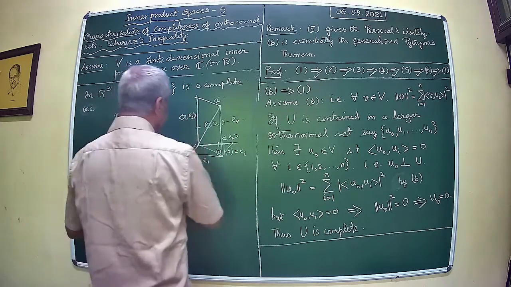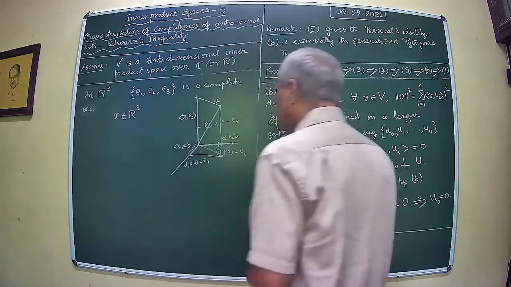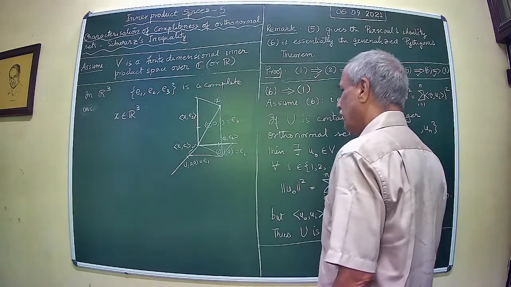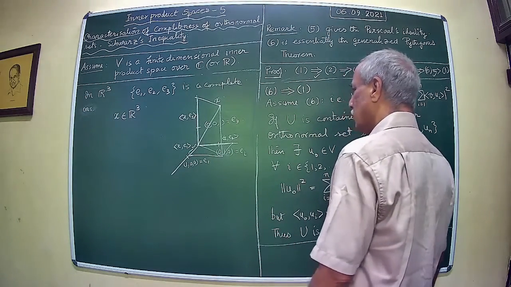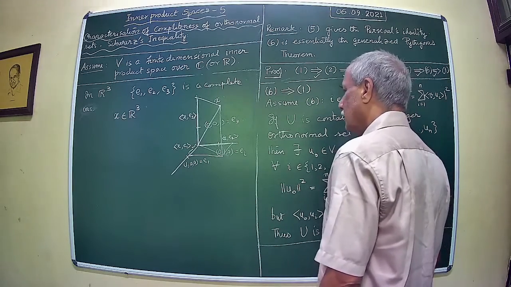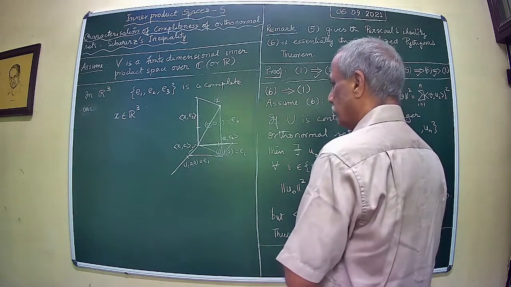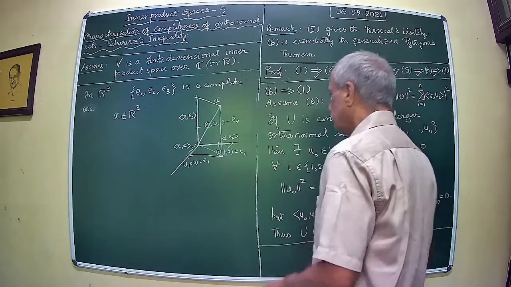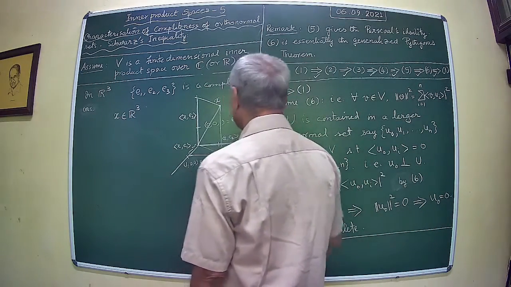So these are three vectors: x e1 e1, x e2 e2, x e3 e3. These are the orthogonal projections of this vector to say the space spanned by e1, the space spanned by e2, the space spanned by e3.